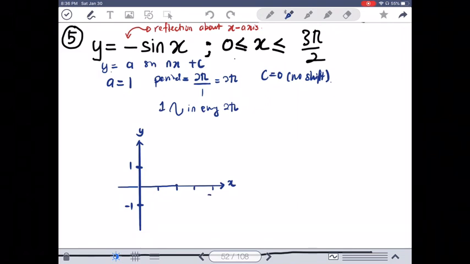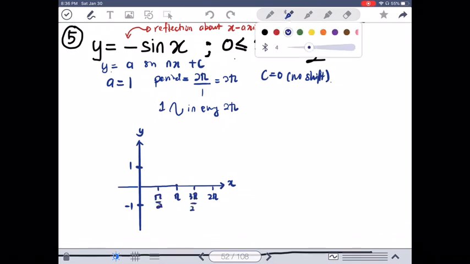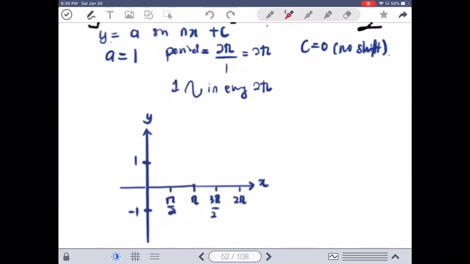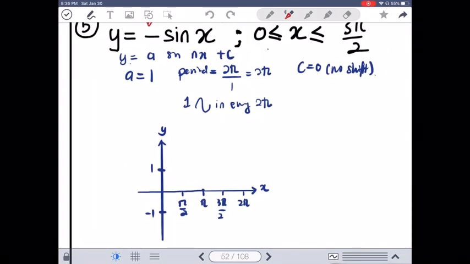One cycle in every 2 pi means that we have one cycle in every 2 pi.